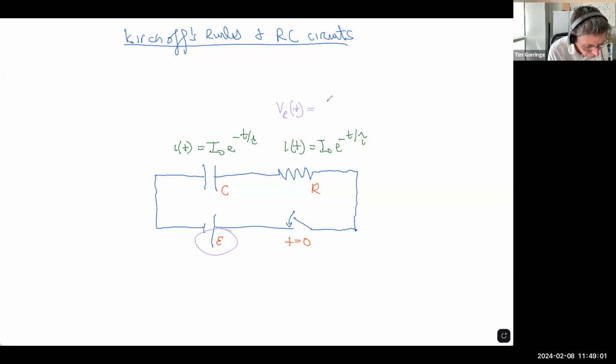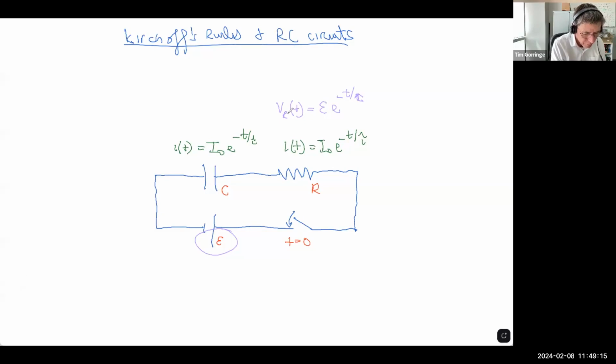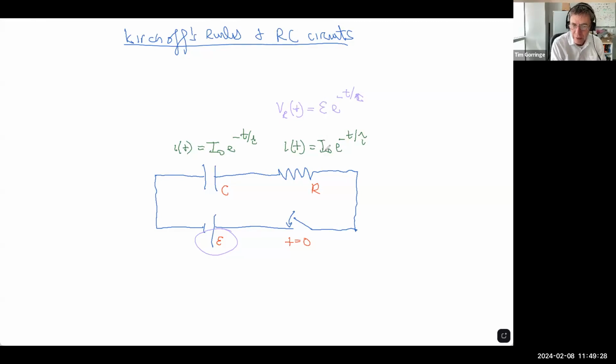But also I could write it in terms of the EMF that's supplied by the battery. And so the expression for the voltage across the resistor as a function of time is this little expression here. It has exactly the same time dependence as the current because the voltage is proportional to the current.